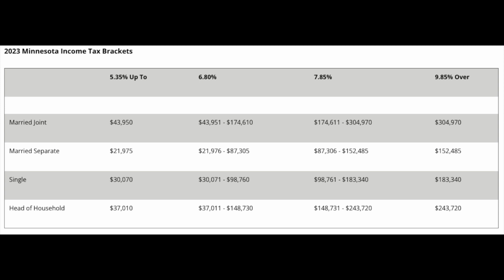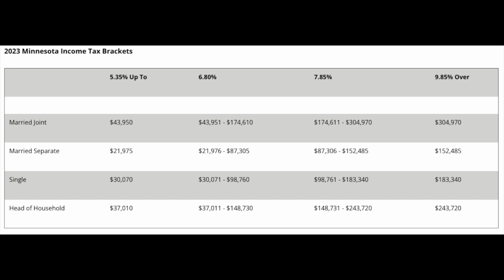So if we do 40,000 in Minnesota, the first 30,070 is taxed at 5.35%. So you're going to do 30,070 times 0.0535, which gives you 1,608.75. And then 40,000 minus 30,070 gives you 9,930.